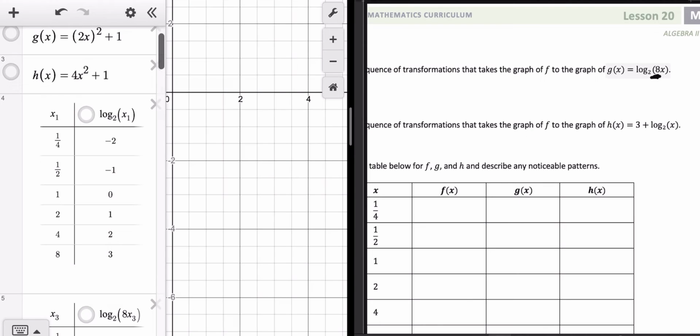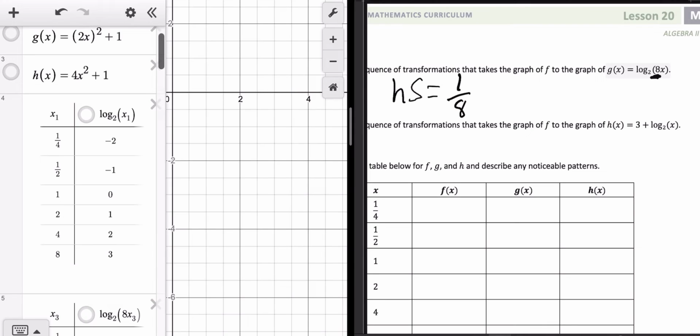Anytime you see it inside the parentheses, I want you to call it a horizontal scaling. Remember when it was a 2 inside the parentheses, it was a 1/2. So here, it would be a 1/8. The log base 2 does not matter for that. Don't start saying, well, it's actually going to be a 3, blah, blah. Don't worry about all that. It's still a horizontal scaling with a factor of 1/8.